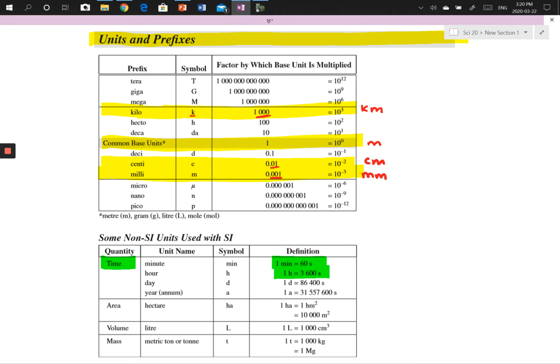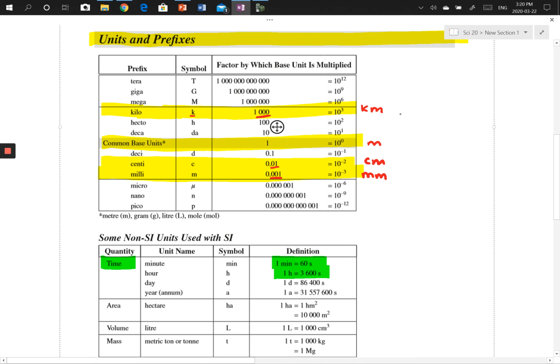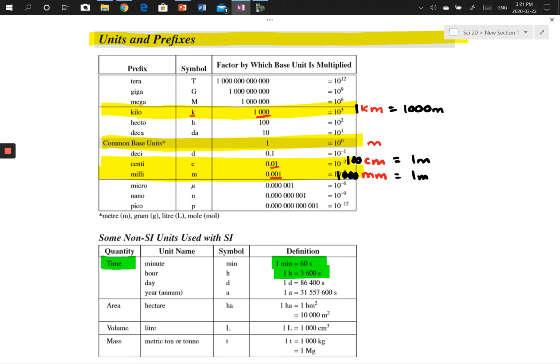And with this, there's a couple things I want us to try to remember or be able to pull out of this chart. 1 kilometer is equal to 1,000 meters. 100 centimeters is equal to 1 meter, and 1,000 millimeters is equal to 1 meter. So if we can remember those 3 things, we're probably going to be okay here.